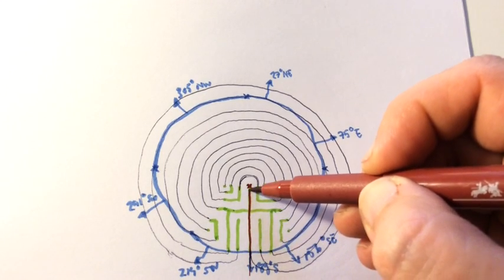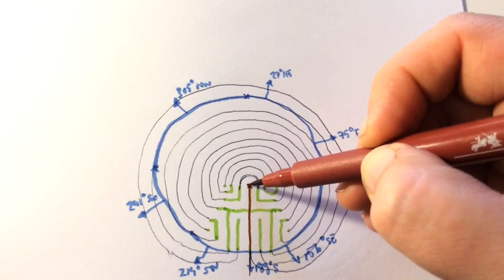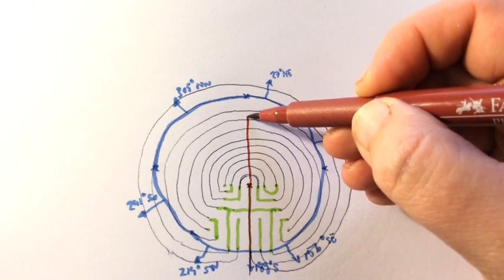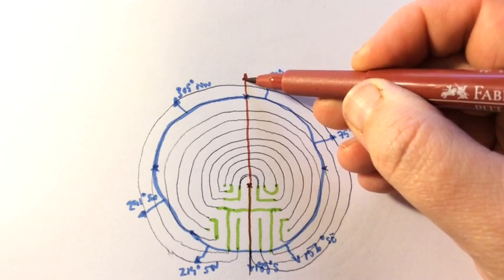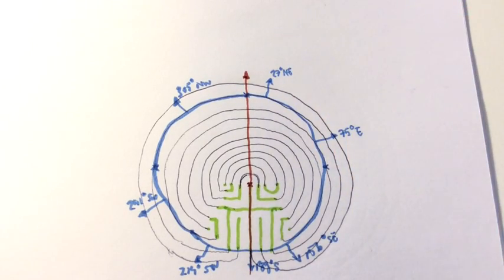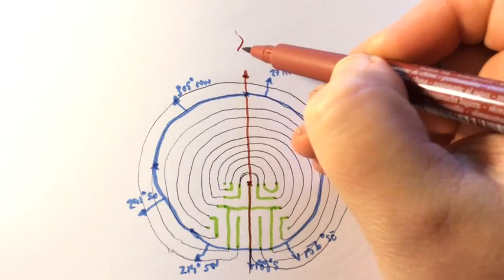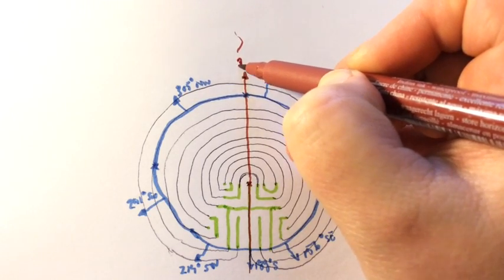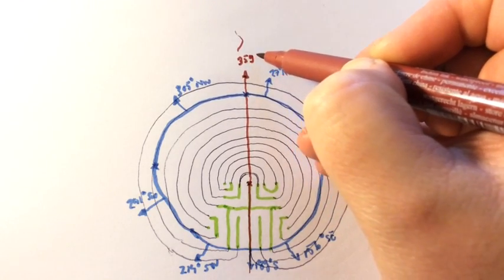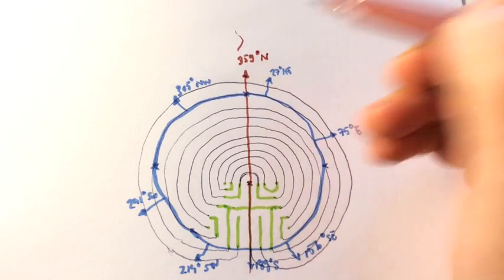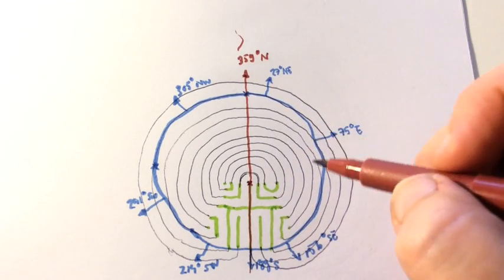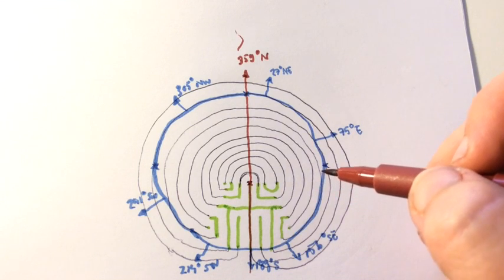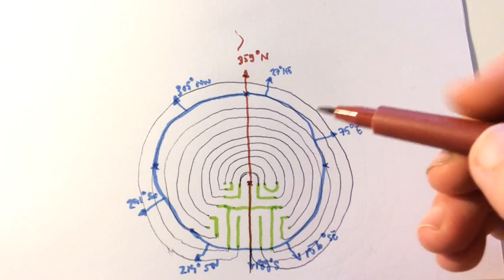That follows that center line. There we go. That one was, oh sorry, 359 degrees north. All of it.